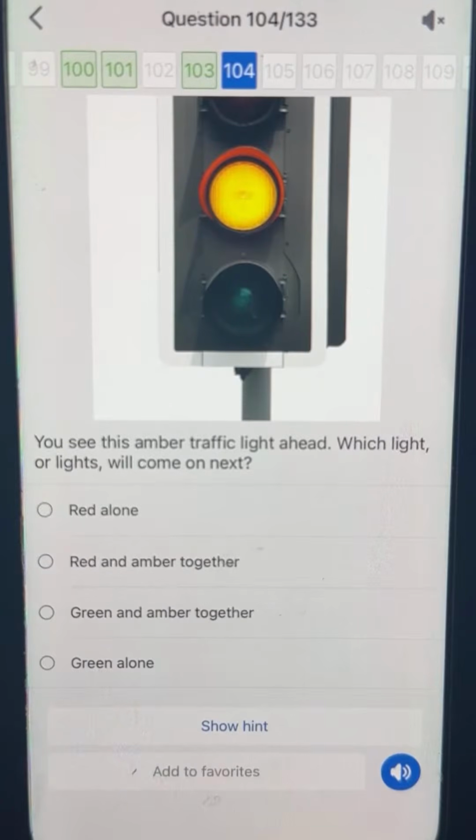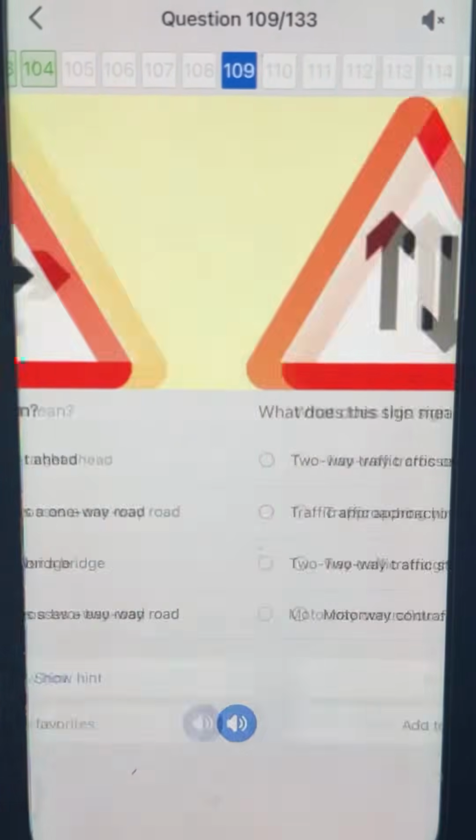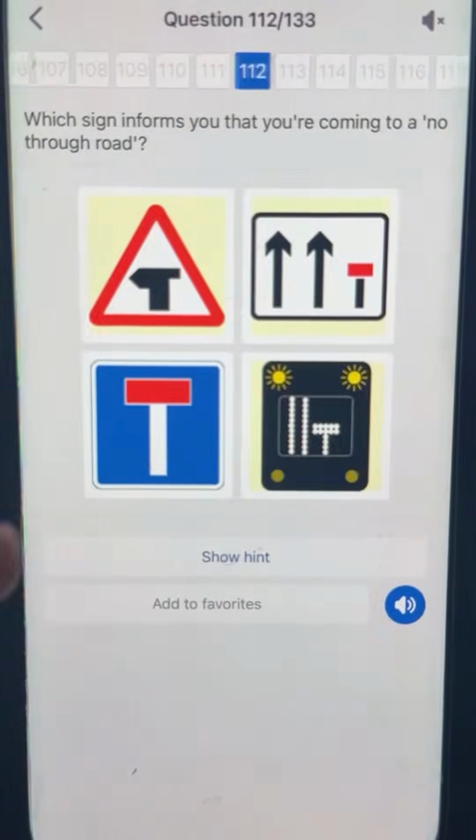Red, red and amber, green, amber, red. Okay? Good. Red alone, yeah? I'm not going to cover all these signs within this. Check part 1 and part 2, guys.